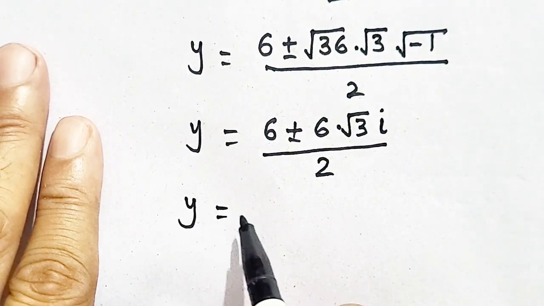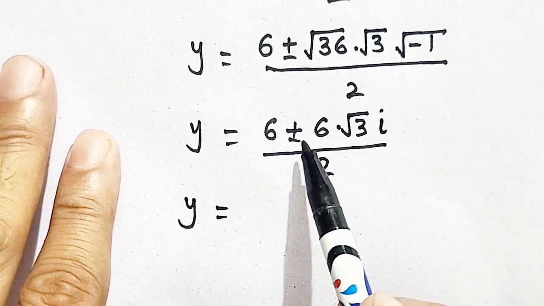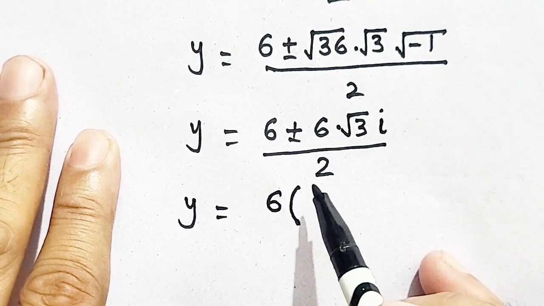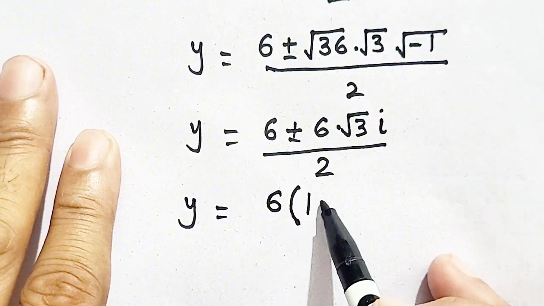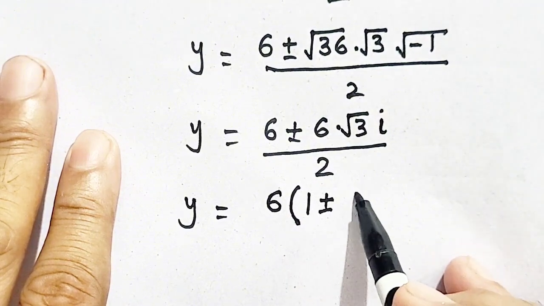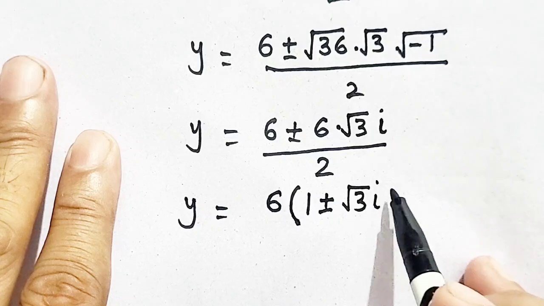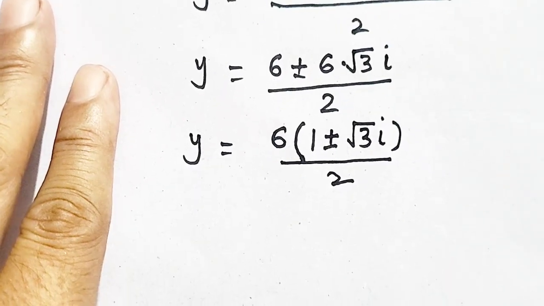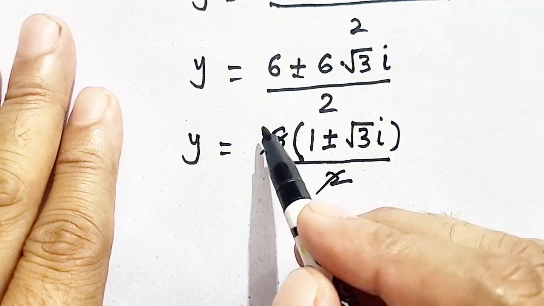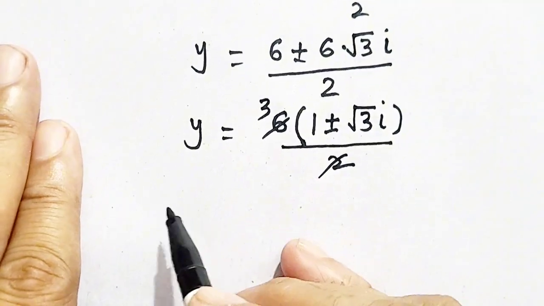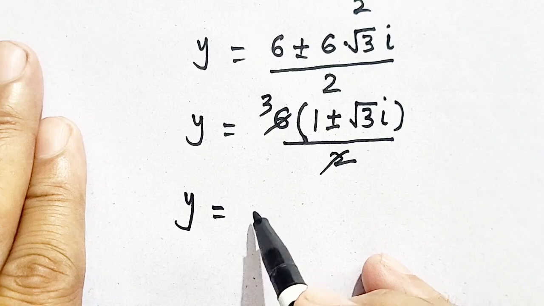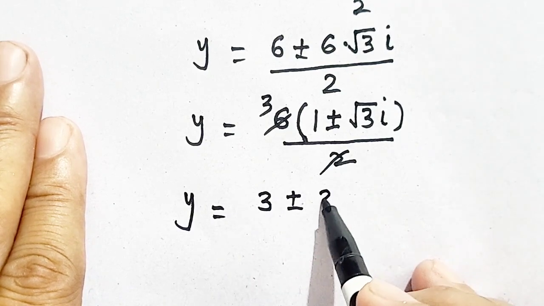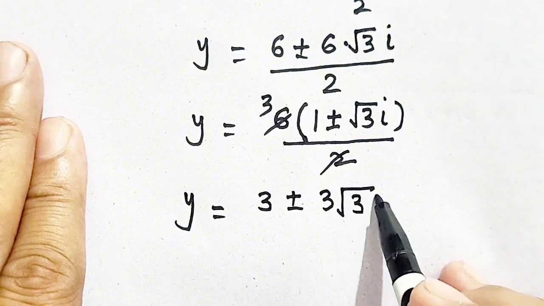So y will be equal to, we can take 6 as common, so it will be 1 plus minus square root of 3 iota, divided by 2. Now 2 and 6 are cancelled, so we will get y is equal to 3 plus minus 3 square root of 3 iota.